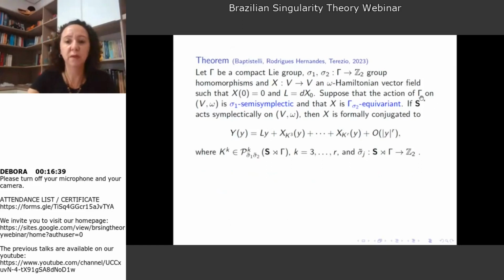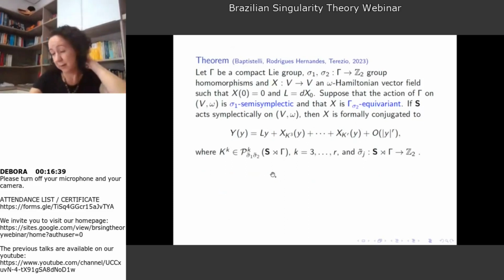So if the action of S is, sorry, if S acts symplectically on V omega, the vector field is formally conjugated to a normal form, where normal form means that the homogeneous polynomial part of the new Hamiltonian function belongs to this set.